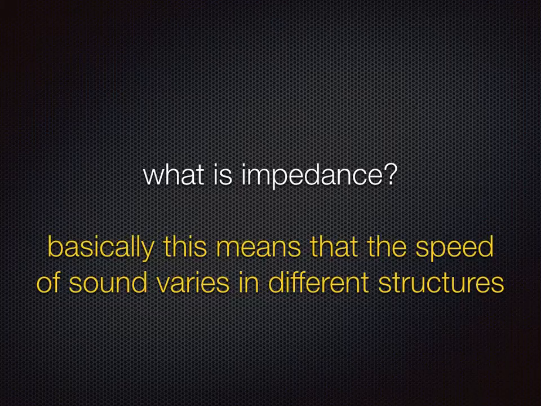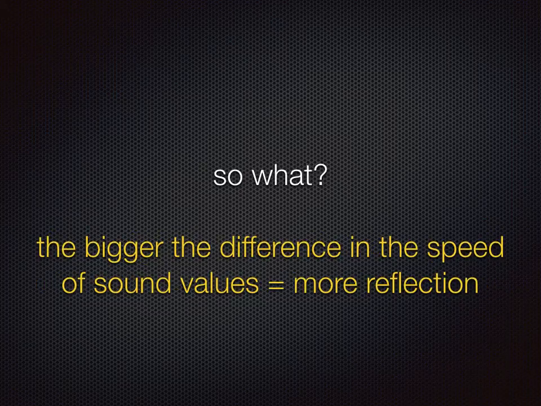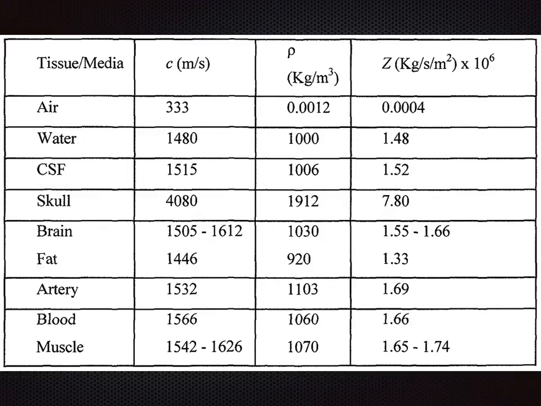So, have you fallen asleep yet? If not, let's continue. So, with a big difference in speed of sound, we get more reflection. So, it's easy, yeah? So, this lovely table here will help you understand some of the particular speed of sound values. Now, the right-hand column is the impedance, and as you can see, most of them are around 1.5, but there's a few outliers, such as air and skull.